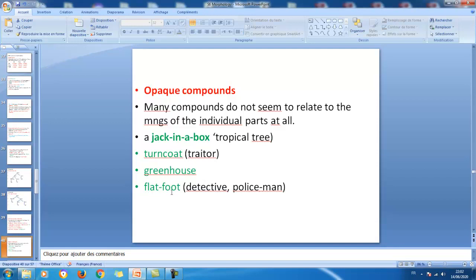Flat foot, there is no connection between flat and foot and the meaning, which is detective or policeman here. So these are cases of opaque compounds. Now the opposite case of opaque compounds is what we call transparent compounds, where you can guess the meaning of the compound by just looking at the meaning of its parts. So transparent is different from opaque here.